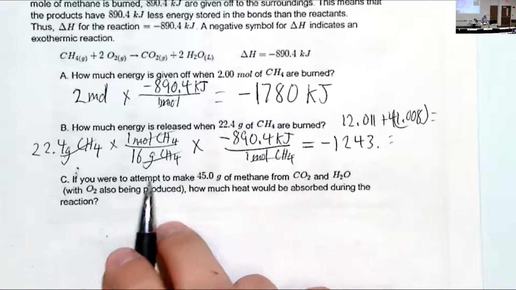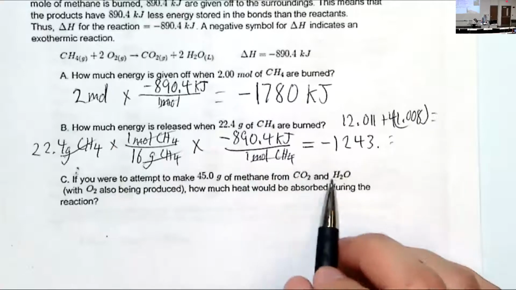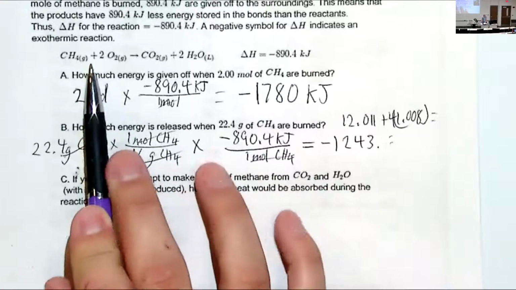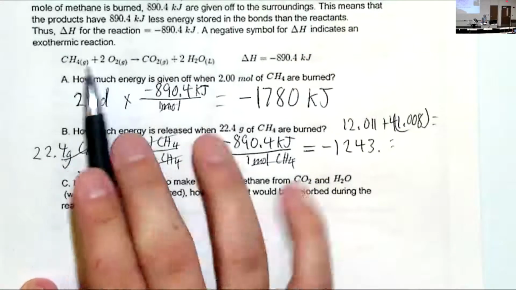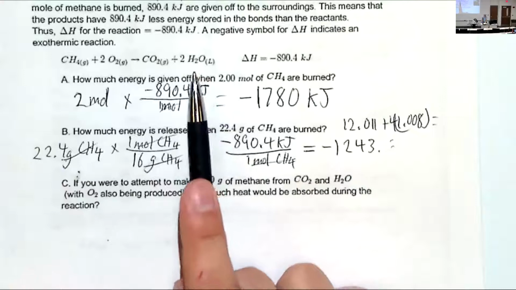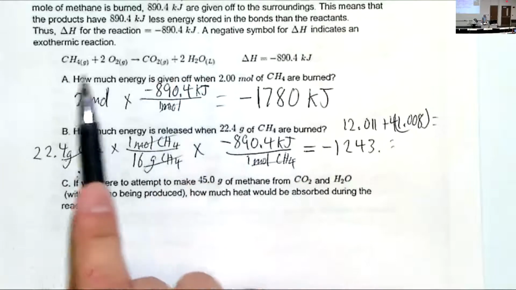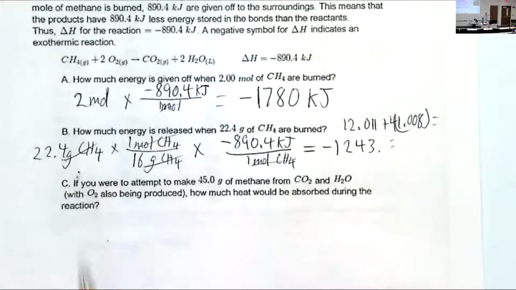So what's happening is we are making 45 grams of methane from CO2 and H2O, which is going to be the opposite of what's happening in this reaction. Can you see that? Okay, cool. This is the reaction they've given us, but now we're using the reactants to form the products.